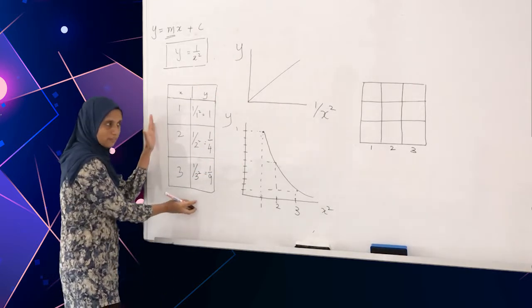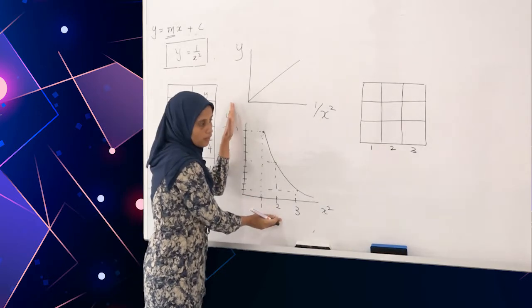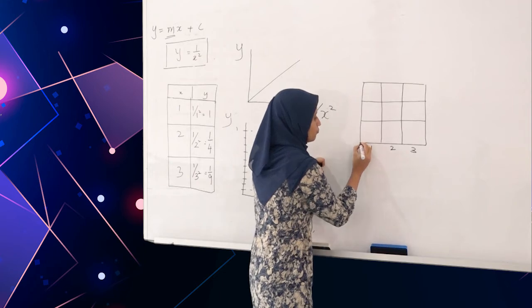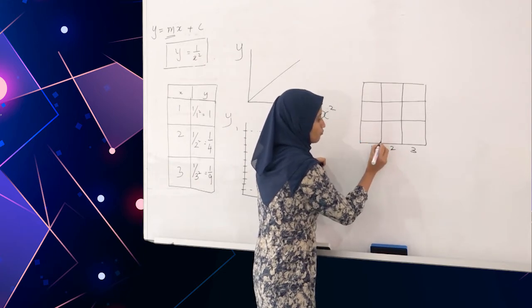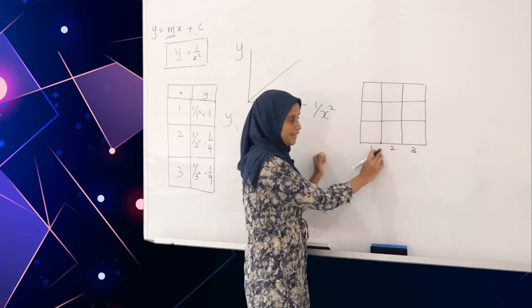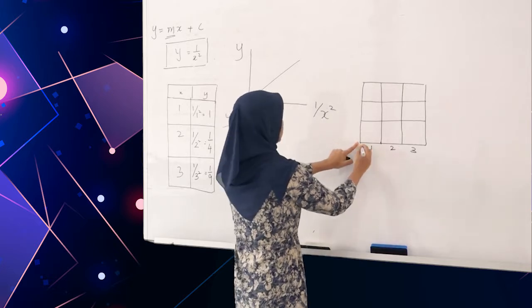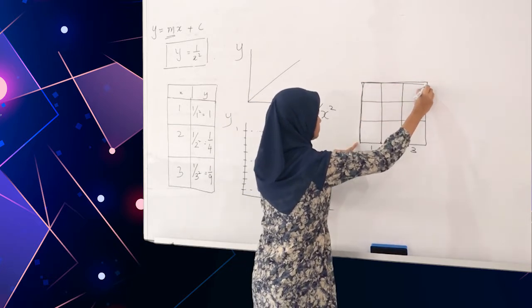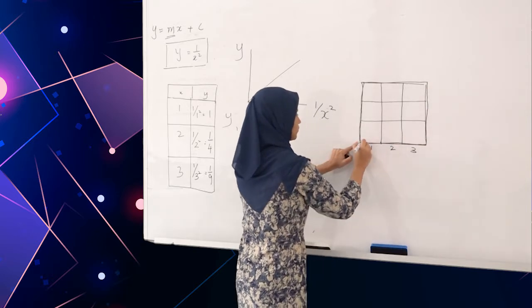Converting numerical data into graphs. You can also depict this visually. If x is 1, then what do you get? Then this is the whole area.